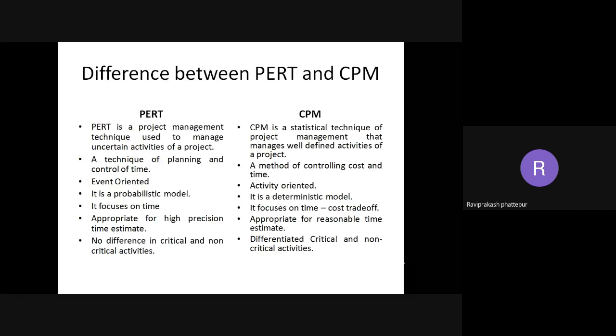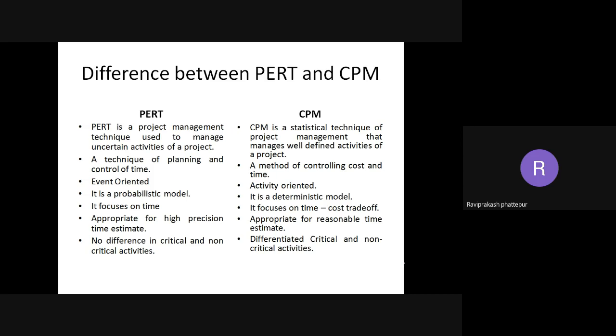Now, the difference between PERT and CPM. This is one of the important questions. It was almost 80 to 90% sure in the examination for 7 to 10 marks, or very rarely asked for 3 marks also. So, the difference between PERT and CPM. What is this?